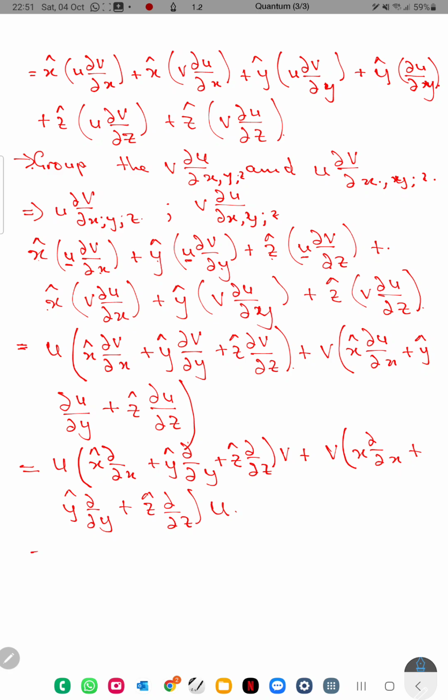So if you look very carefully, this is now the del operator. So it's going to be u, the del operator of v, plus v, the del operator of u. So we have proved that the gradient of uv is like that.